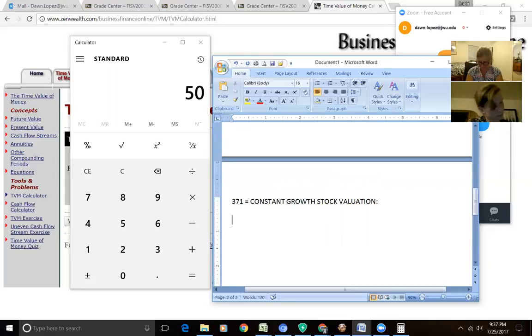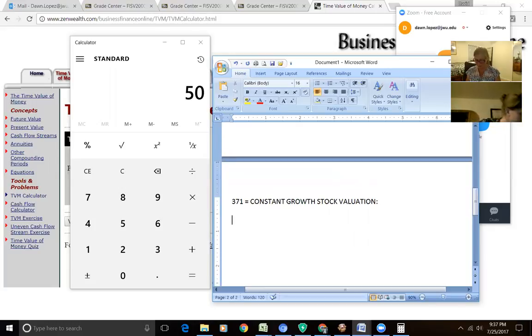It's computing the expected rate of return, which equals the dividend divided by price, plus growth.